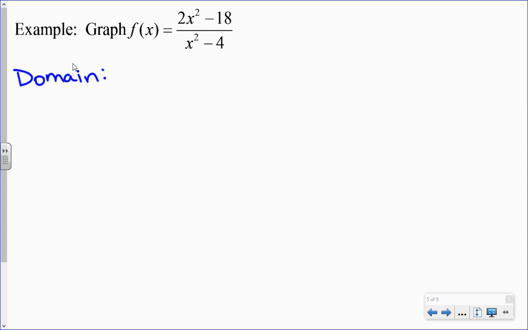Okay, since we have a rational function, we need to look at the denominator. And where is our denominator 0? Okay, so our domain is everything except -2 and 2.